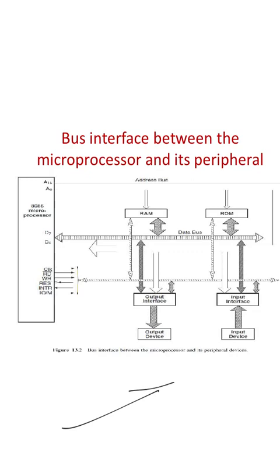Here you have an address bus which is connected to RAM and ROM, and a data bus which is also connected to RAM and ROM. You also have an address bus connected to the output interface, output devices, input interface and input devices. So this is how the connection is done in the 8085 microprocessor.